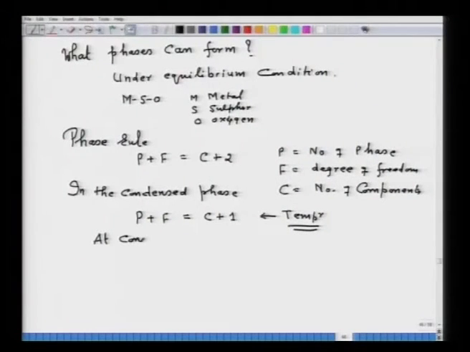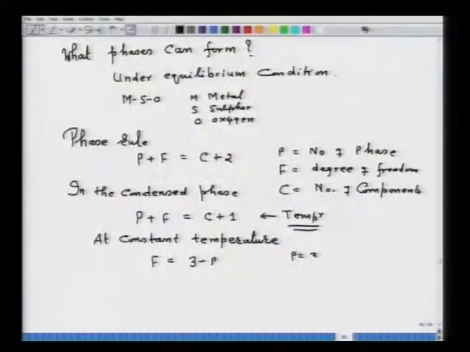So, at constant temperature, what will happen? We will have F equal to 3 minus P, 3 is coming because the number of components is 3, M, S and O. So, F, the number of degrees of freedom, is equal to 3 minus P. If we have P equal to 3, then the degree of freedom is equal to 0.